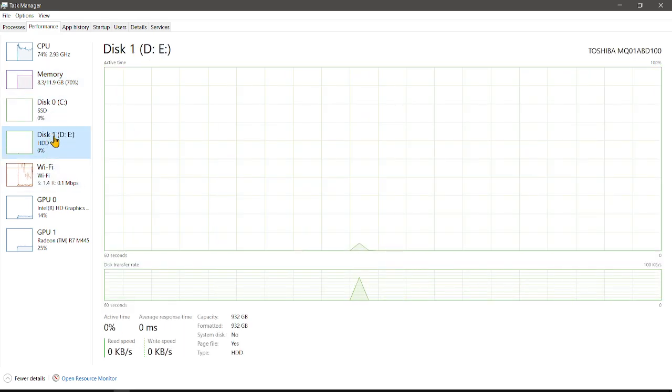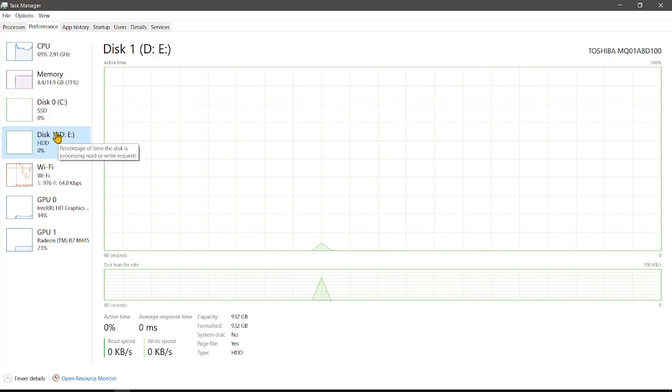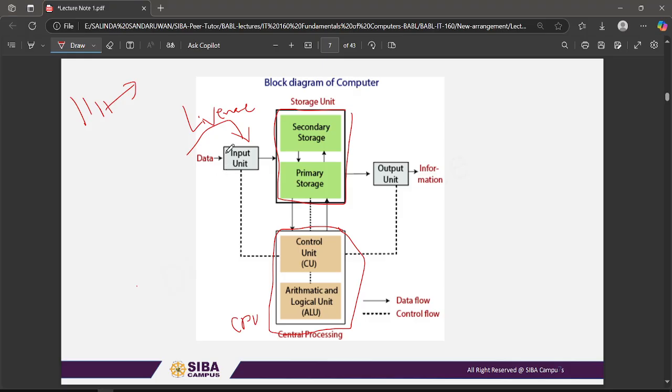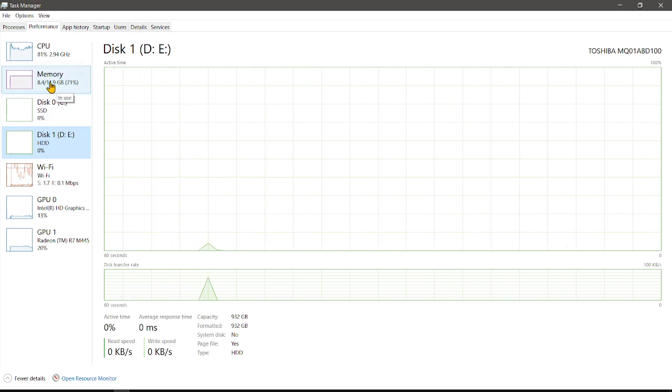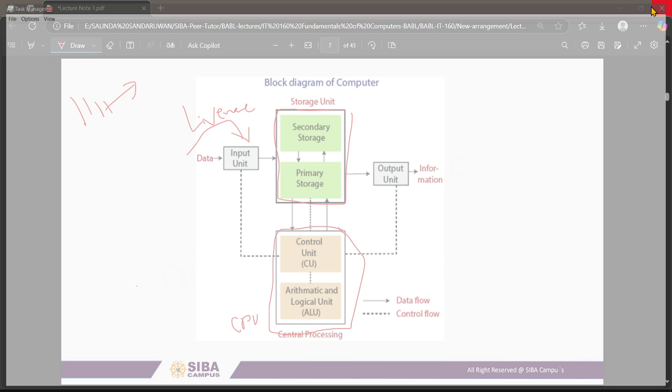I'm not using the hard disk because I'm not saving any file here and I'm not reading any file from there. So this software, the Edge software, will save all these things temporarily in the RAM memory.